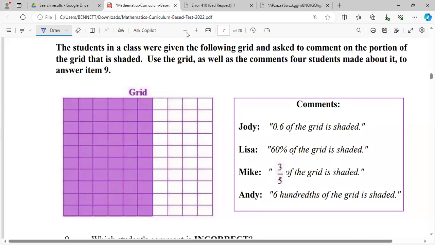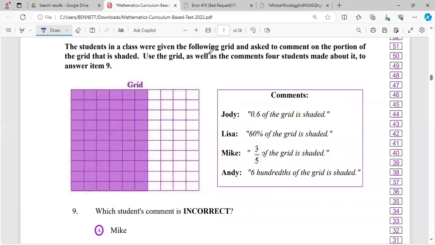All right. So it says the students in a class were given the following grid and asked to comment on the portion of the grid that is shaded. Use the grid as well as the comments the 4 students made about it to answer item 9. So Jody says 0.6 of the grid is shaded. Lisa says 60% of the grid is shaded.